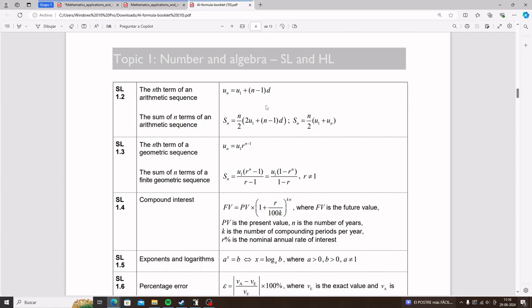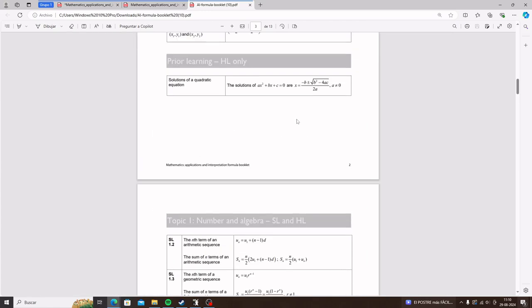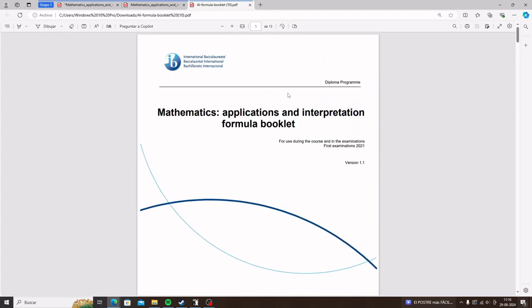And yes, that's ironic. Over here in the formula booklet, it's very important that you get familiar with it. I talk about this all the time in my videos, and the main message is the following. It's no use to have the formula booklet if you don't know what's in it.